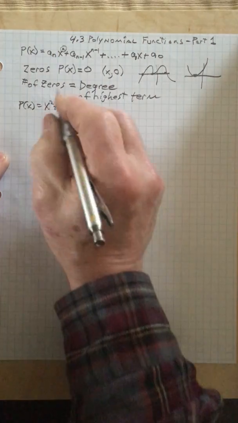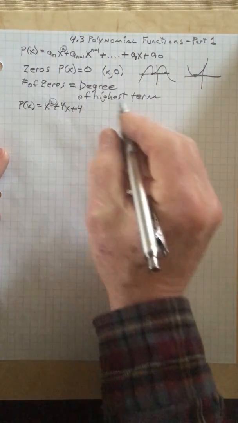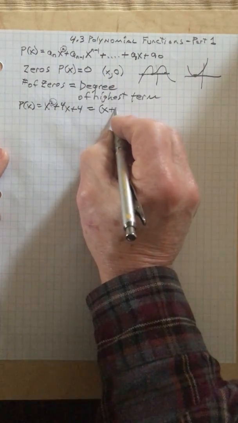Again, that's my polynomial. That's the degree of the polynomial because it's the highest degree there. Also, that means I'm going to have 2 roots. However, if you factor this thing, it looks like this.